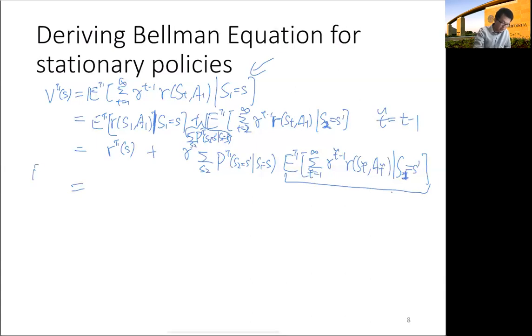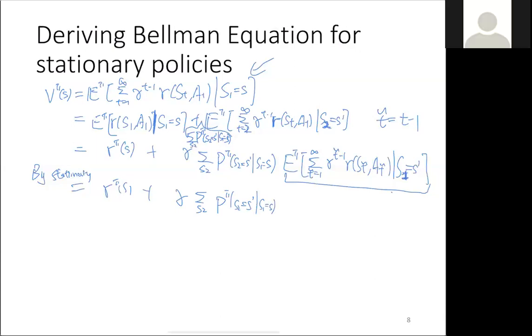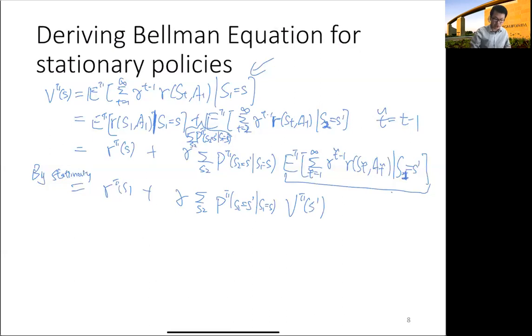So by the stationarity of the policy, I can rewrite this as R pi plus gamma times the sum over S2 of P pi of S2 equals S prime given S1 equals S, and then V pi of S prime. And that's the Bellman equation from the previous page.